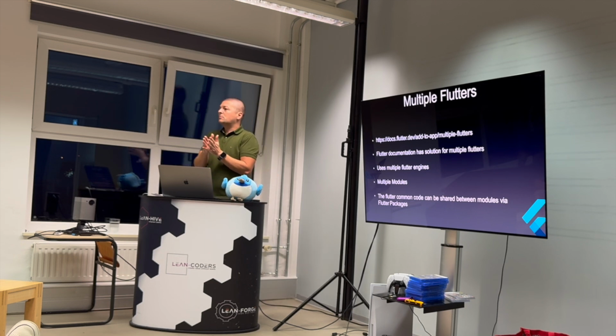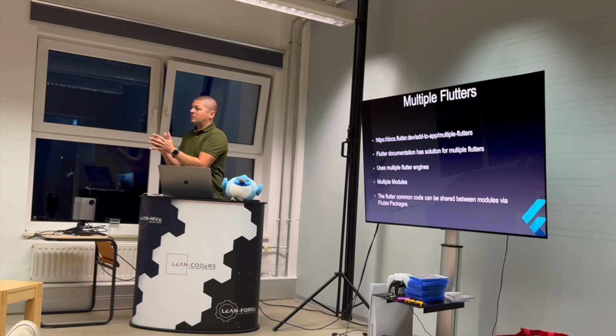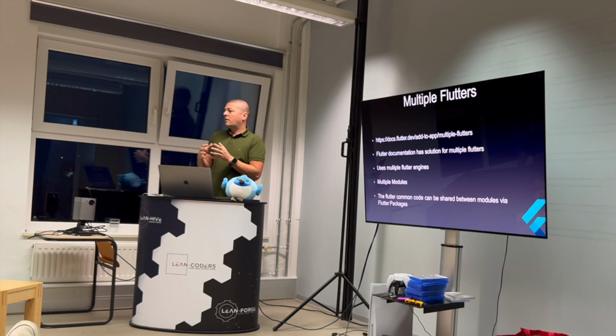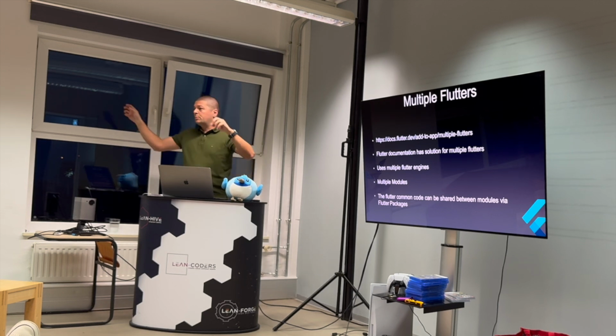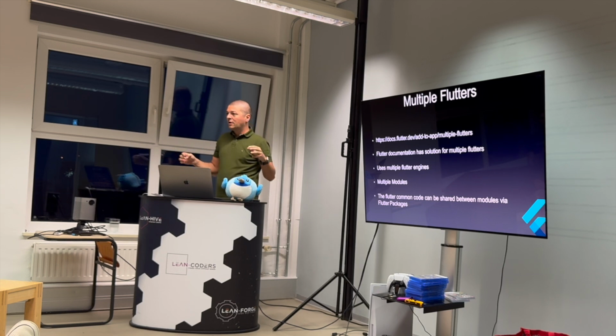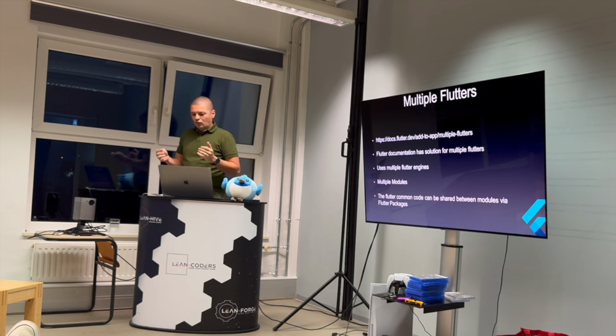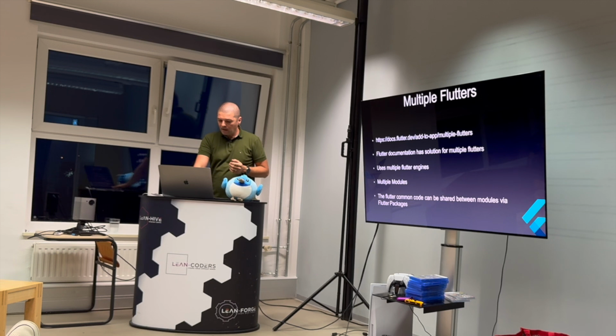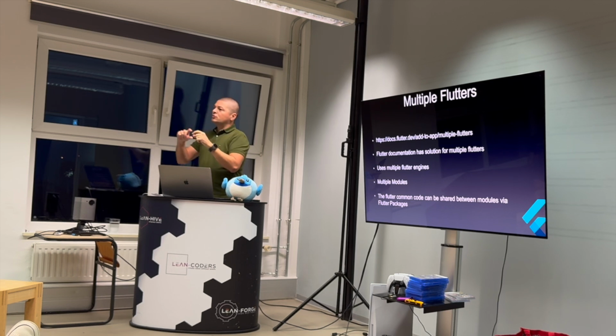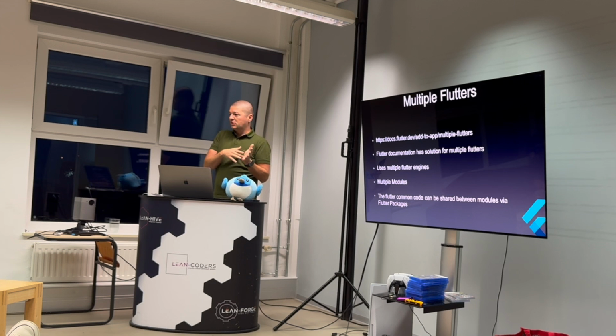I want to transition my app from native to full Flutter. I don't want to have multiple engines. I don't want multiple modules where my code base is separated between modules, and then how will I go to full Flutter? There is a solution. You can put the code in common packages, and in every module you just call the main package and so on. But from my opinion, this is a bit of a hack.